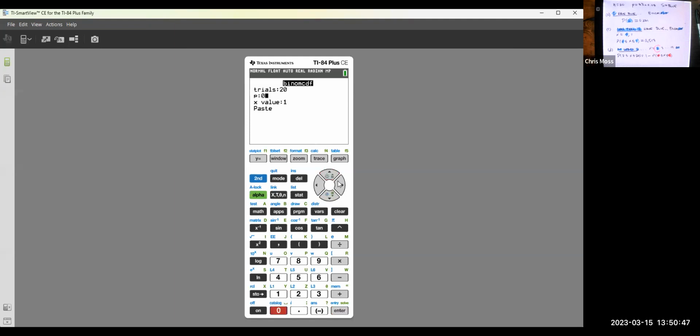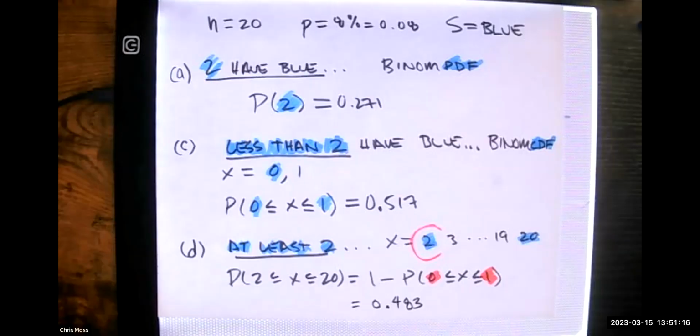When it goes in, 0.08, from 0 up to 1 inclusive. Plug that in, and 0.483. So those are the subtleties that we see.